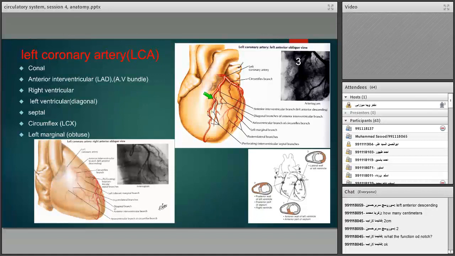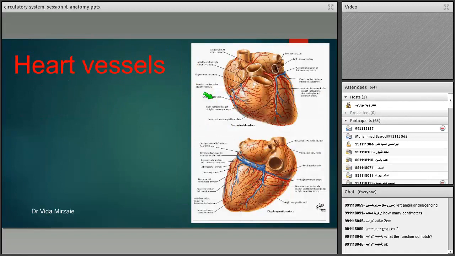These kinds of vessels are called right dominant. Why? Because the posterior interventricular artery is one of the branches of the right coronary artery and it is much bigger, coming down around the apical notch and coming back into the sternocostal surface of the heart. So this form of heart vessel is called right dominant.